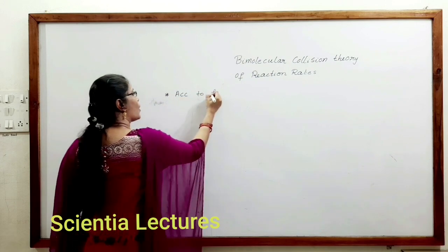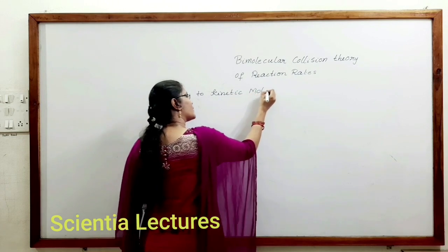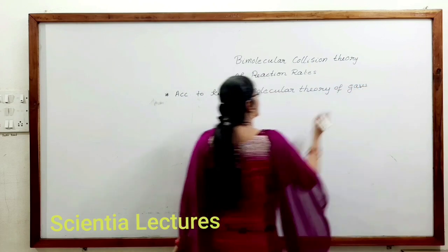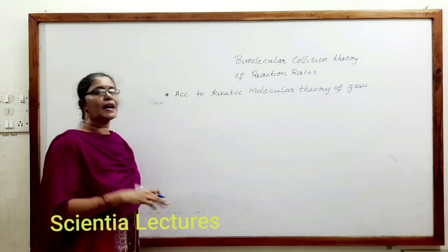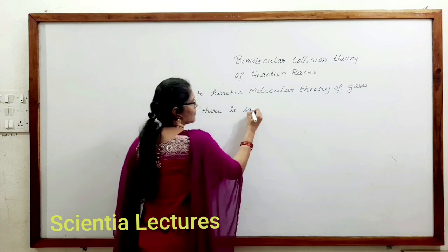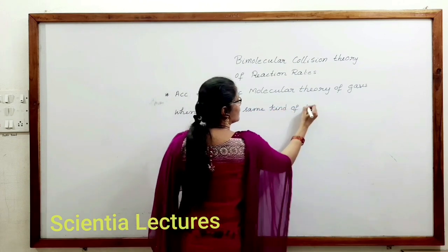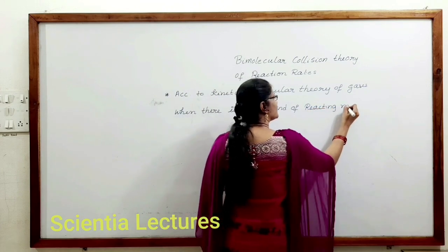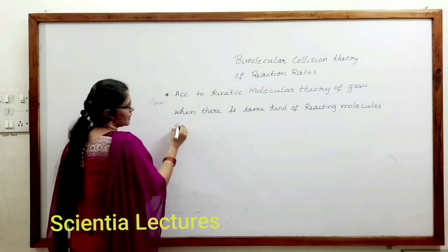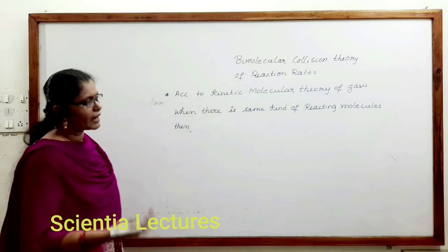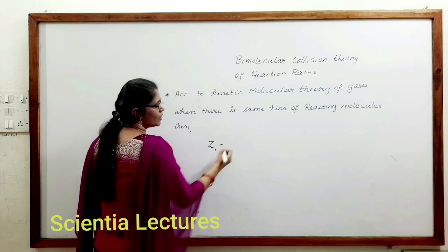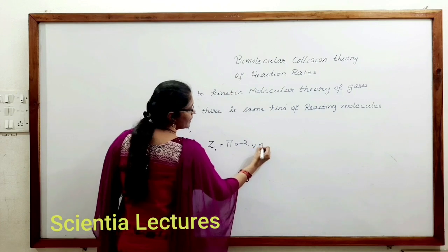According to the kinetic molecular theory of gases, when the container contains the same kind of reacting molecules, then Z1 must be equal to pi sigma square v N star square.